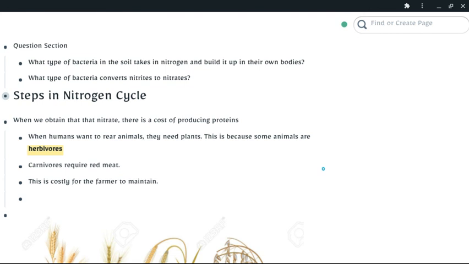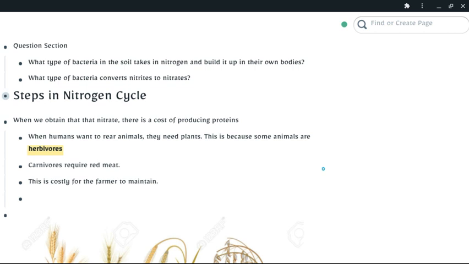So even if they didn't need plants to survive, they still need another source of sustenance, right? In most cases, the animals that carnivores like to eat rely on plants. Understand? So if you're rearing an animal such as a carnivore, right?